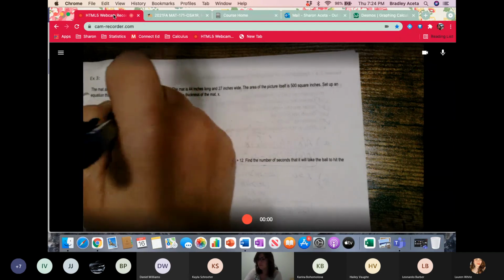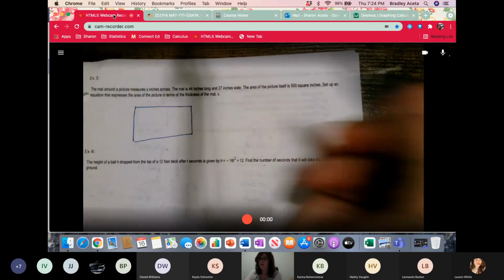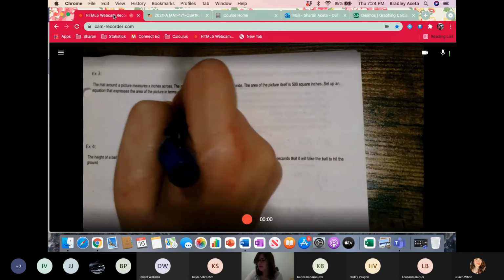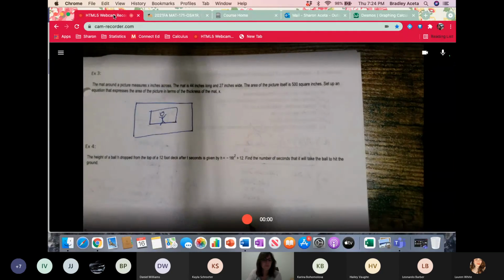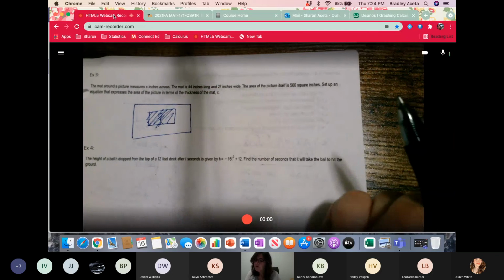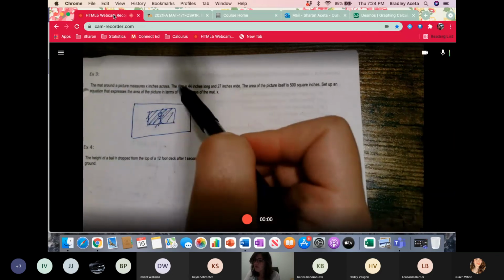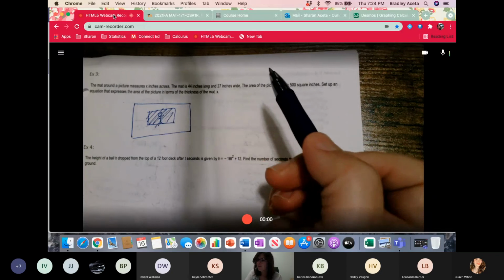Okay, so again, I like to draw myself pictures because I need to know what I'm talking about. Here's a picture. And we were told the mat around the picture measures X inches across.